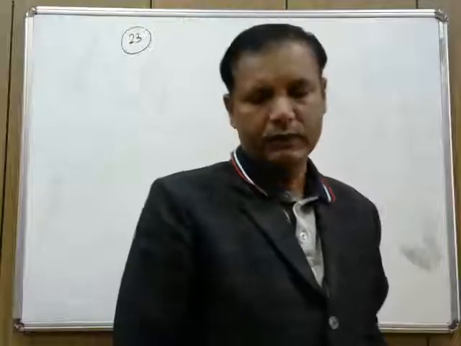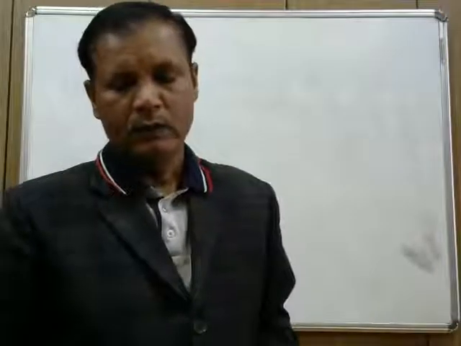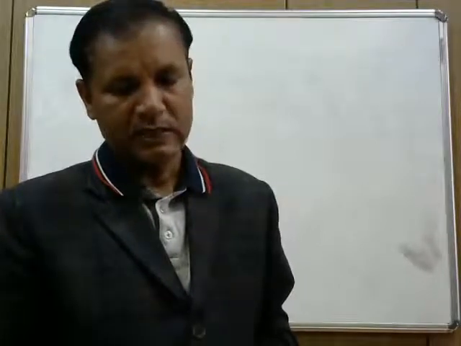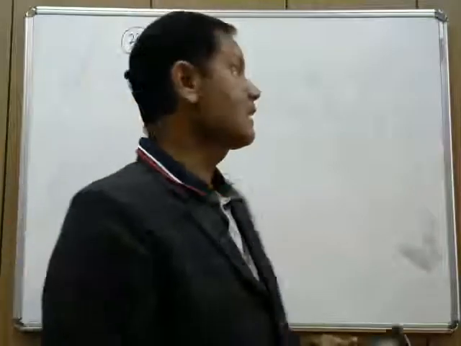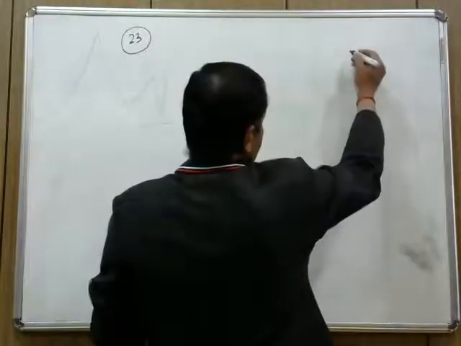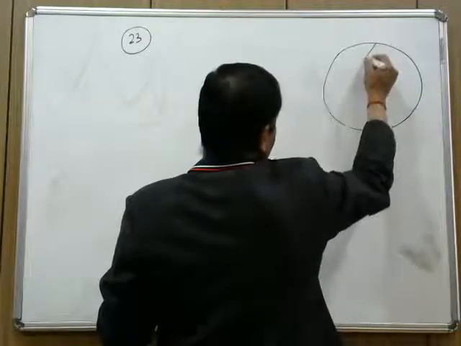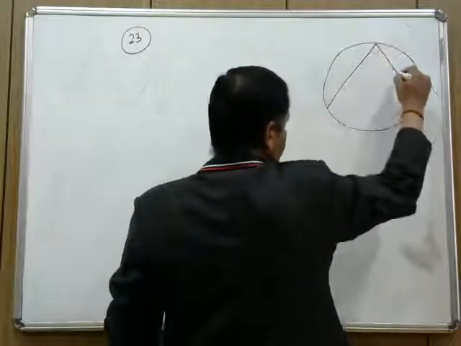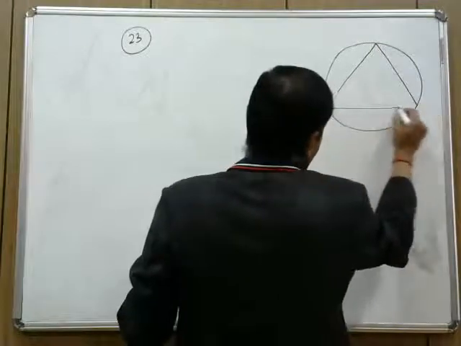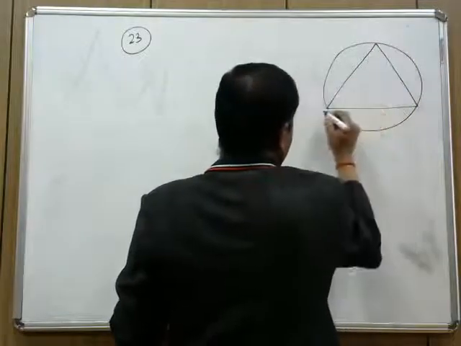Number 23 we have, prove that the volume of the largest cone that can be inscribed in a sphere of radius R. A sphere, in the sphere we have to inscribe a cone, right?